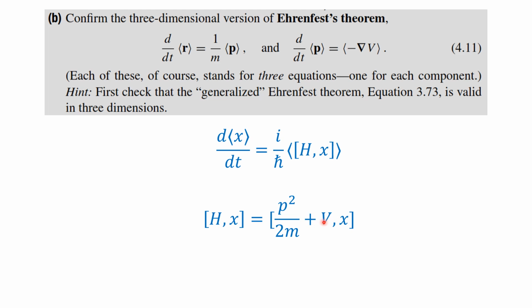Now the potential energy purely depends on the position operator. So V and x will commute, so we can cancel the V. Now the commutation of H with x is equal to 1 over 2m, which I am taking out because it's a constant, times the commutation of p squared with x.